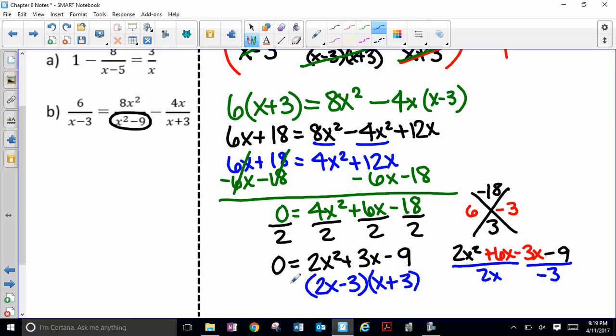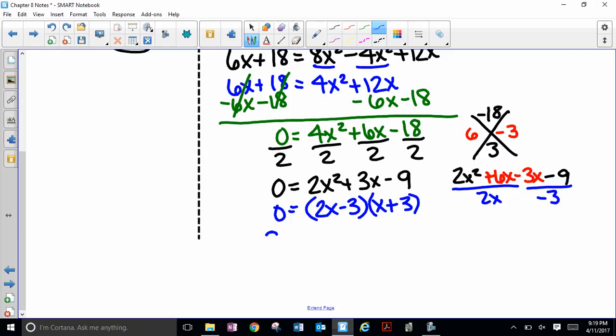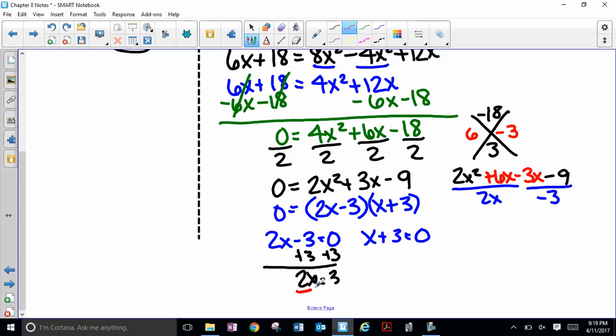So there's your two parentheses. So we set each parenthesis equal to 0. Get our possible answers. So here, I would add the 3. So 2x equals 3, and then you would have to divide by 2. So one of my answers is 3 over 2, or 3 halves.